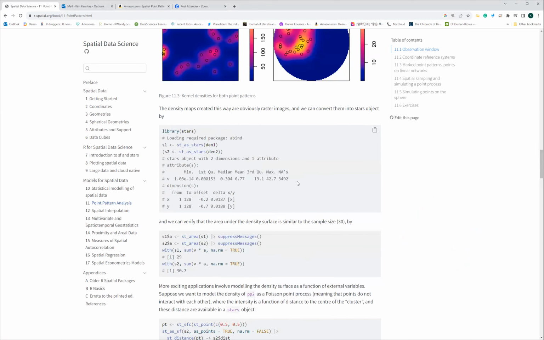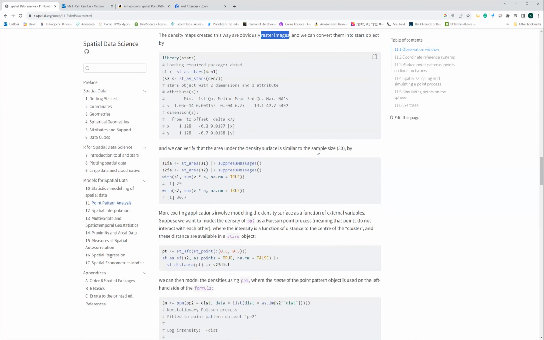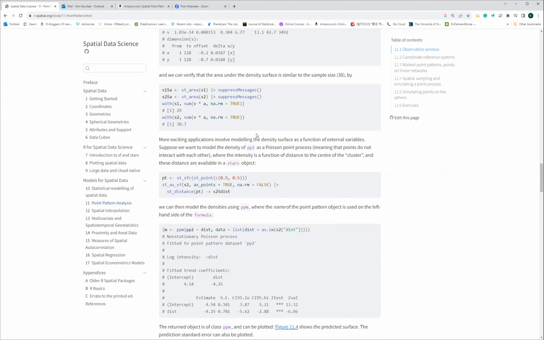Okay, so the bottom one, like I said, is obviously raster images, and this one is just how we can verify the areas and how we can try to develop the model. Whenever we have defined and visualized the outcome of the spatial point pattern like this, we can develop the model like this.